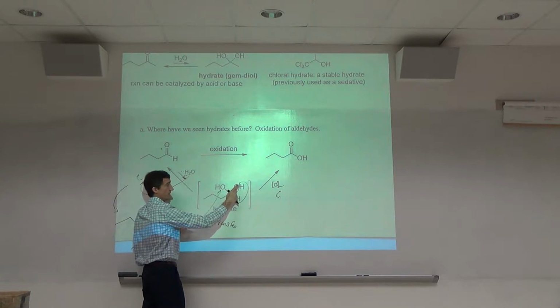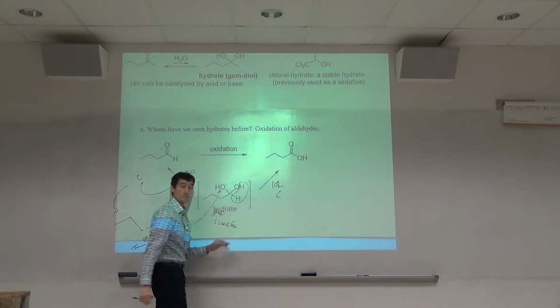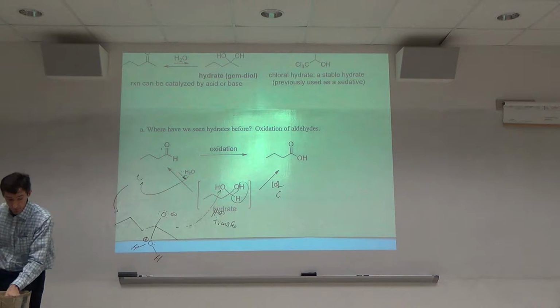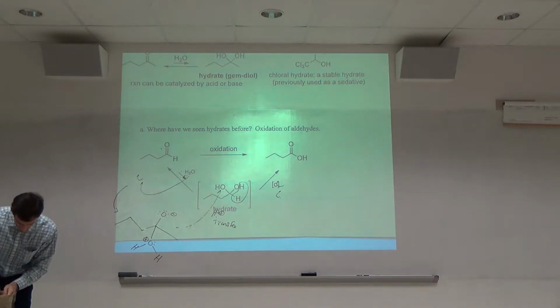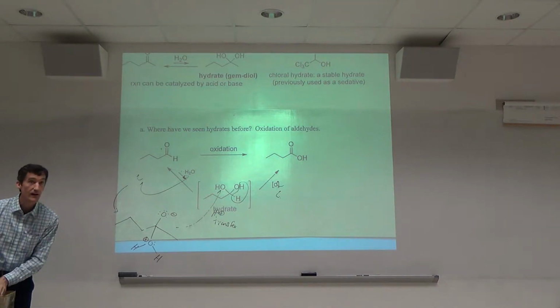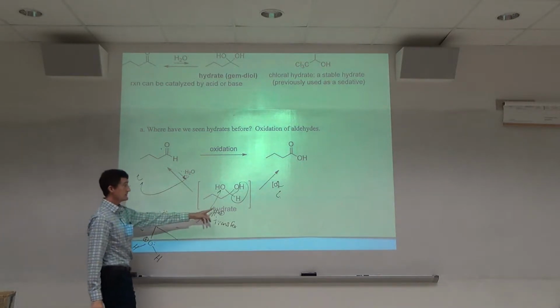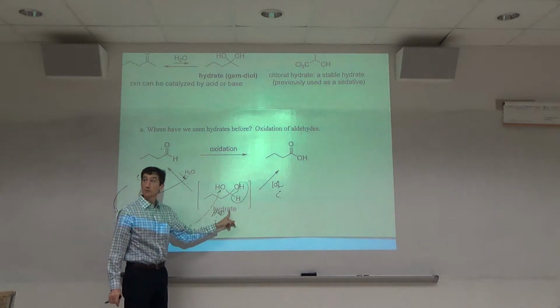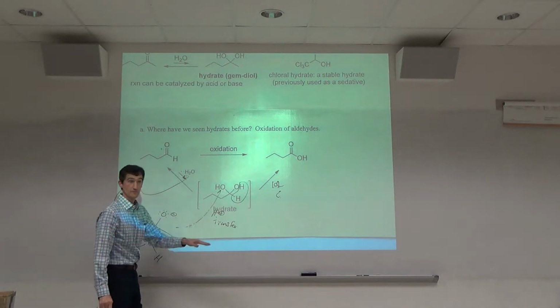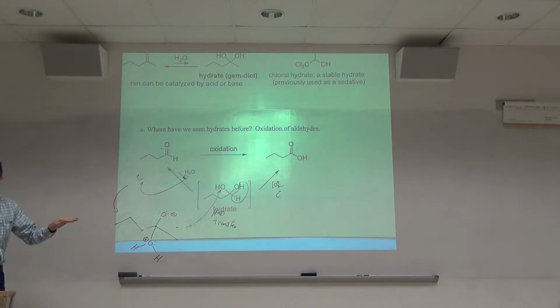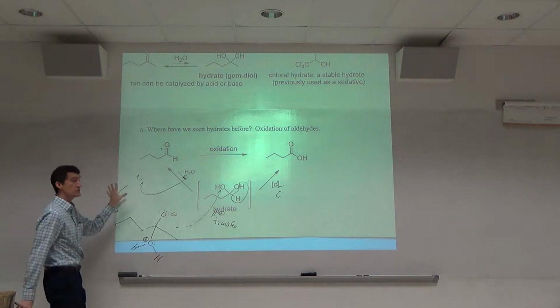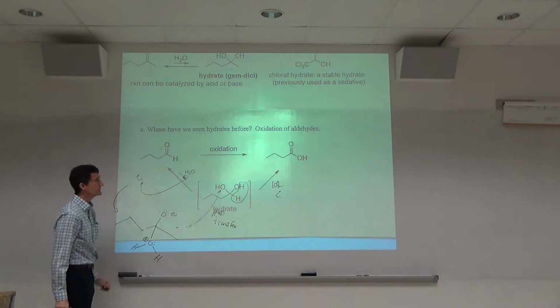When you make a double bond, then what do you have? I need to pull out that handout. It's at the bottom of the box. Oxidation of, go back to your oxidation handout, week 2. Hydrate was listed, and I said we'll see hydrates later in the course. Well, later always comes, if you're lucky. And later is now. There's your hydrate. It's a simple addition of water with a proton transfer.